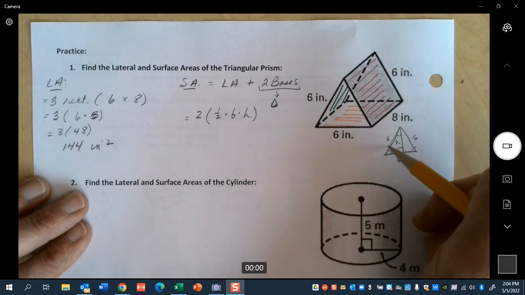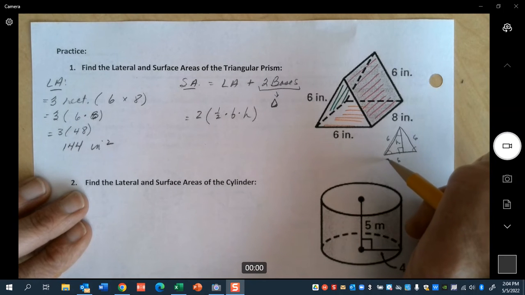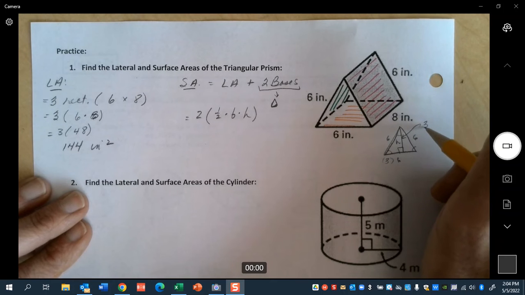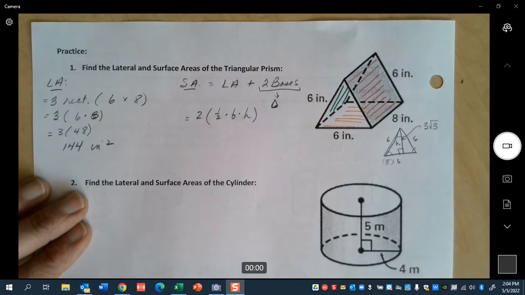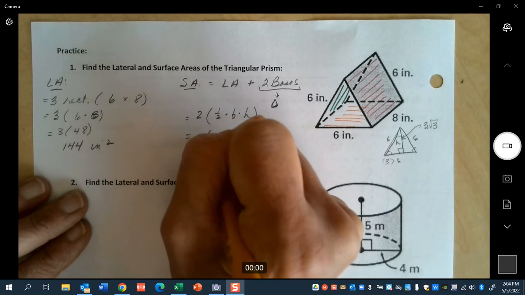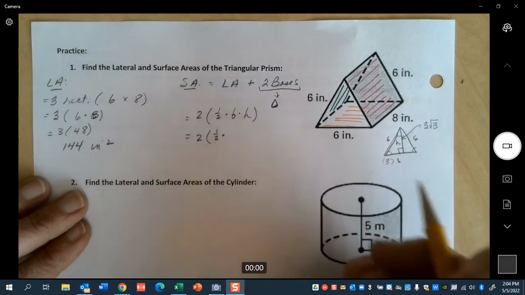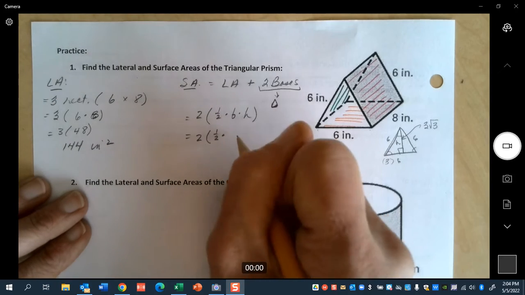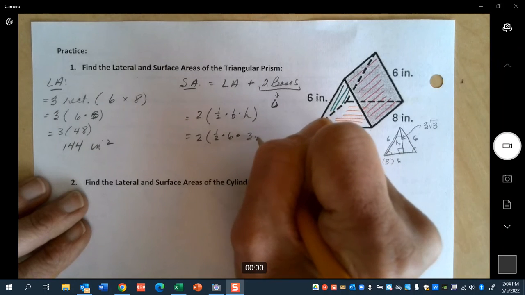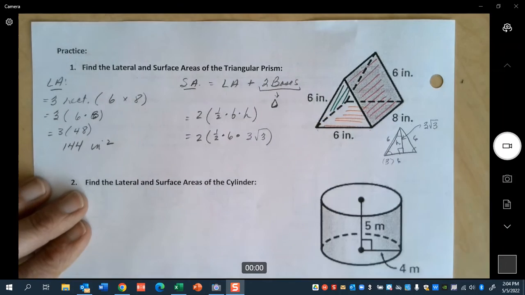So if my side length is 6, my short leg is 3, and my height is going to be 3 times the square root of 3. So the area of my bases, I have 2 of them, is 1/2 times the base of my triangle, 6 times my height, which is 3 roots of 3.